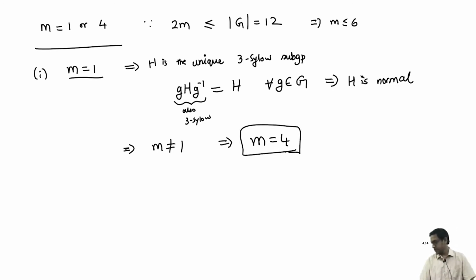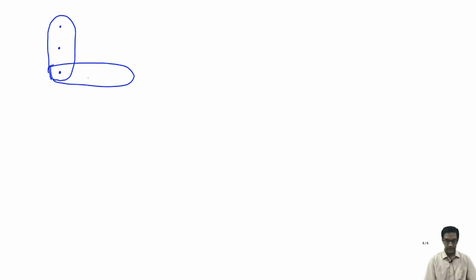Okay, so let's see what that will give us. Let's try and draw the same sort of picture that we drew before of how many elements there are of order 3. Let me draw my 4 3 Sylow subgroups like this. Here's my first 3 Sylow subgroup: identity, a square, and then another element. Here's another: identity, b square.